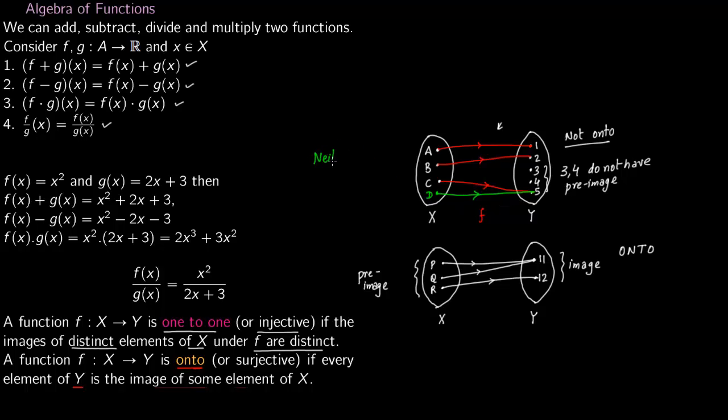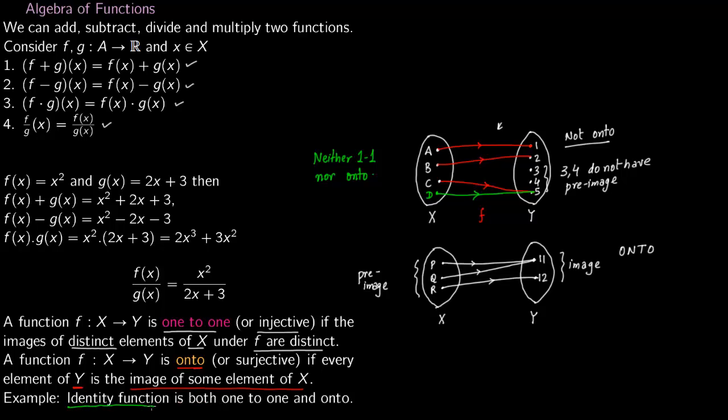So this is neither 1 to 1 nor onto. So let us give some examples. So for example, the identity function is both 1 to 1 and onto. So identity function, you know, is nothing but f going from real numbers to real numbers, and f of x is just x.